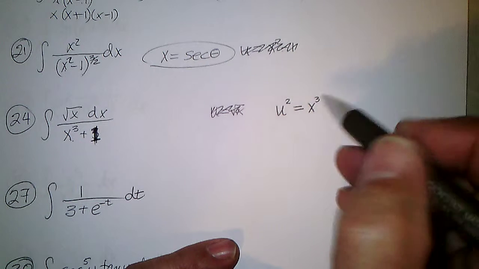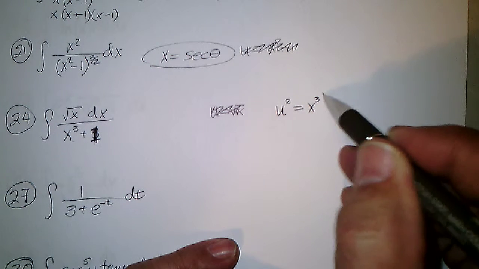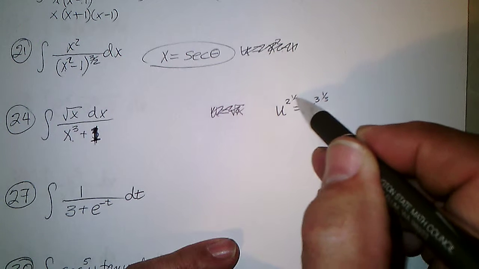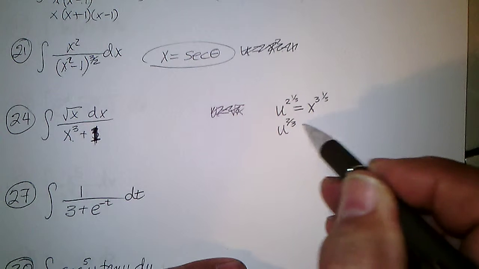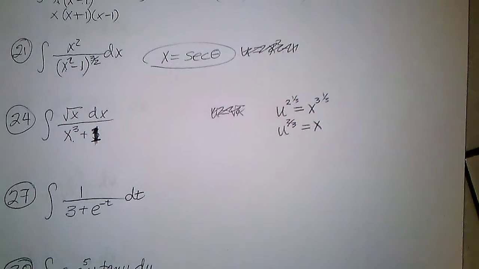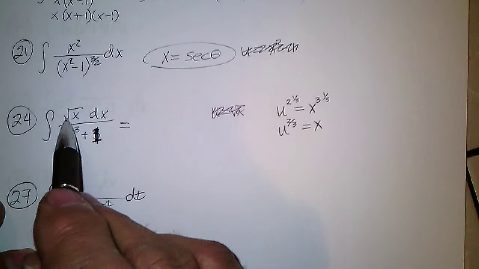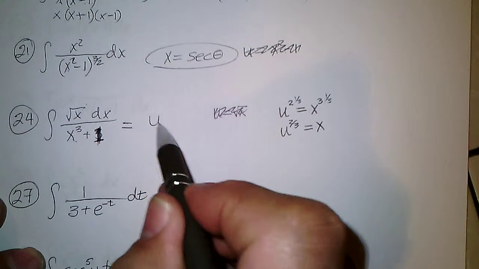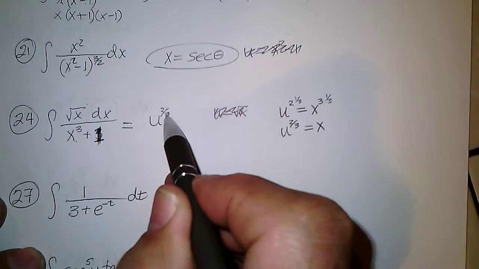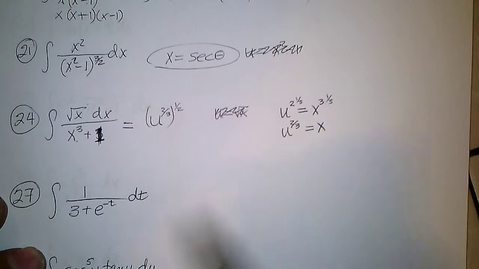So to get rid of the 3, I would take the cube root, or the 1/3 power, on both sides. And so I'd let u to the 2/3 be x. Now, that would change. See, this is x to the 1/2. So I would have u to the 2/3 to the 1/2 for the numerator.